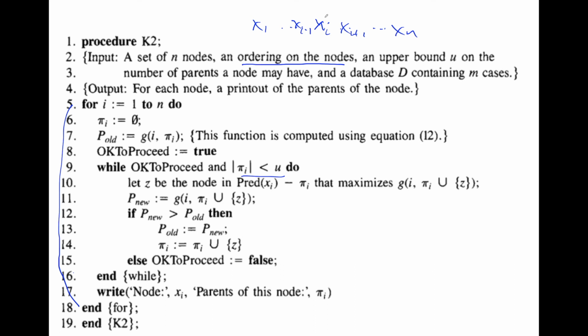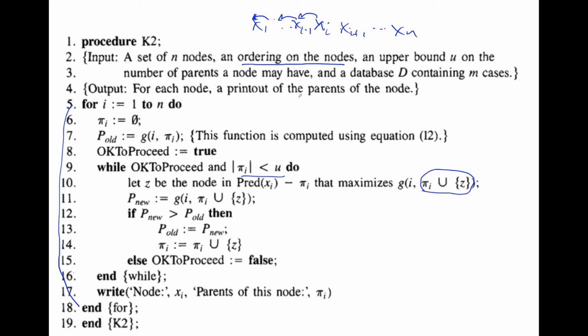Now for the ith node, z is going to be that predecessor that maximizes the family score for that proposed new family, including that parent. Well, the predecessor list of the ith node is going to be all those nodes, xi minus 1, xi minus 2, up to and including x1.